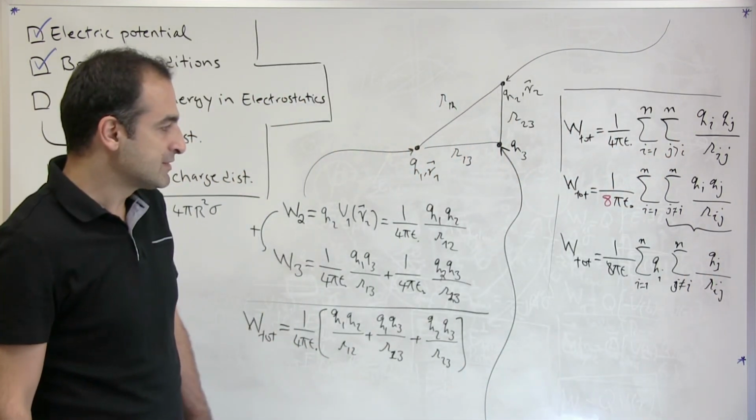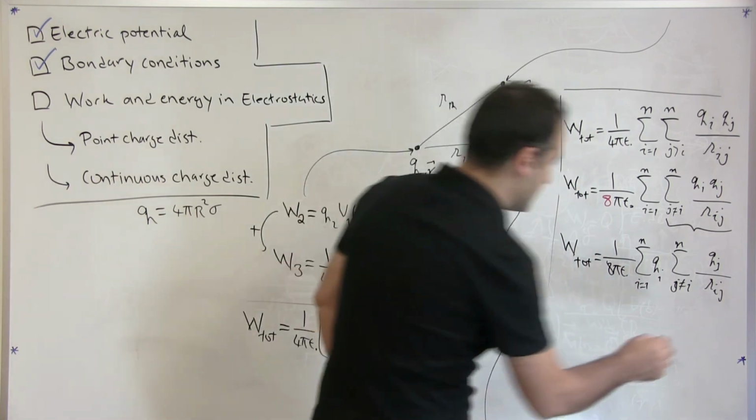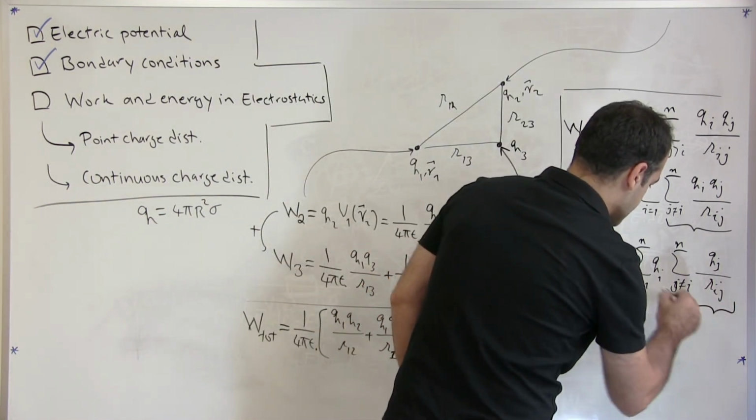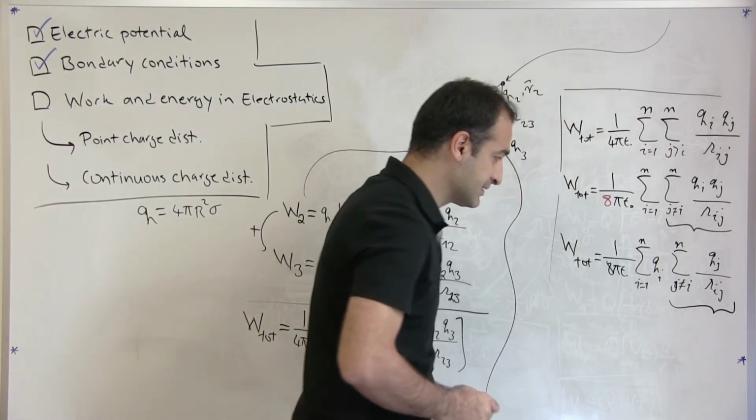Okay, so if you look at this, this has the shape of electric potential combined with this.